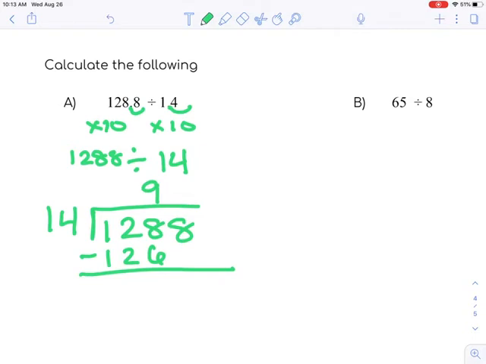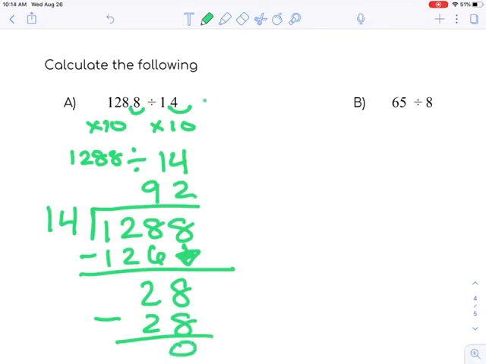If we subtract those, we have 2 left over. And now I can bring down my 8. So how many times does 14 go into 28? It goes in 2 times. And there is nothing left over because 14 times 2 equals 28. So my answer here is 92.